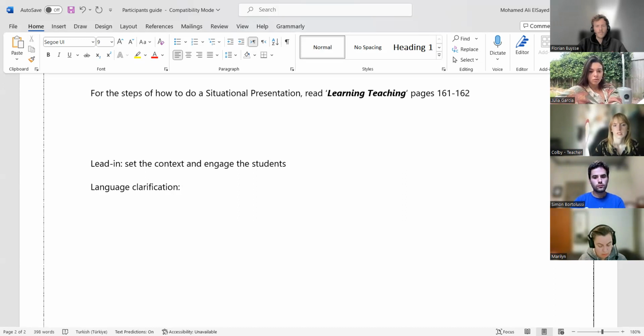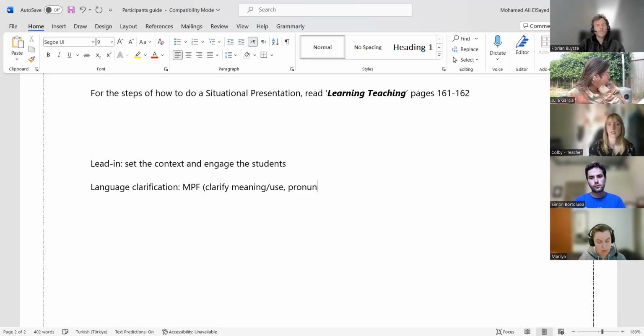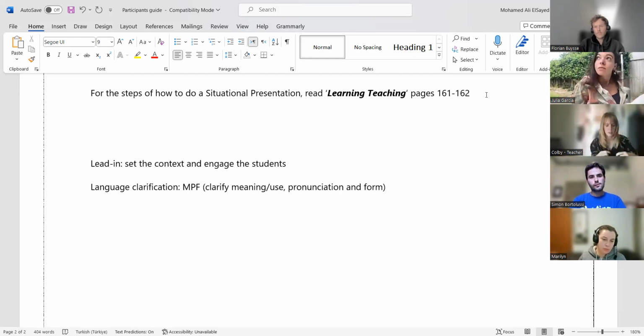This is what we need to clarify, the 3 aspects of the target language: meaning, use, pronunciation, and form. When it comes to grammar, these are the three main aspects that we need to clarify for each structure. Its meaning or its use, this is number one.